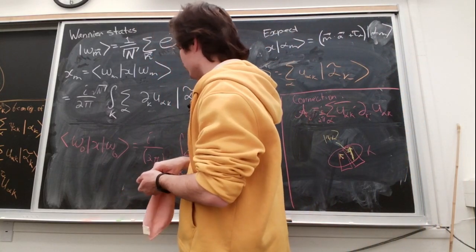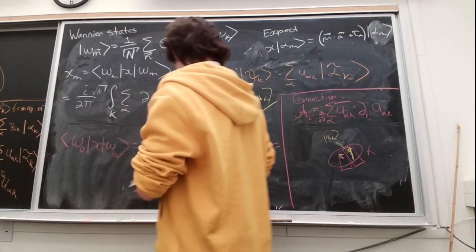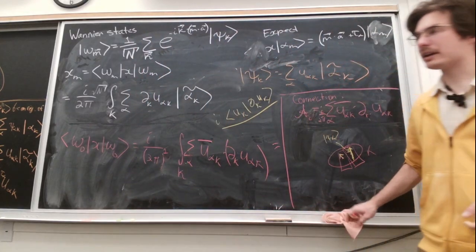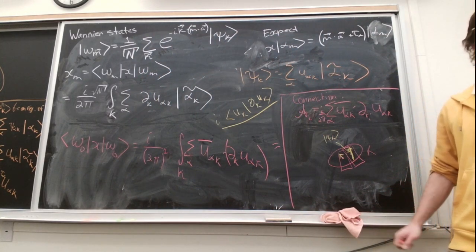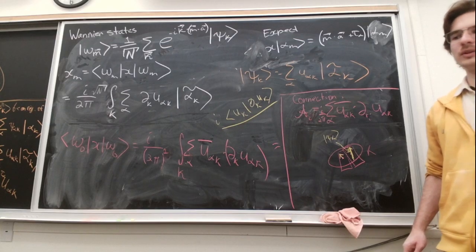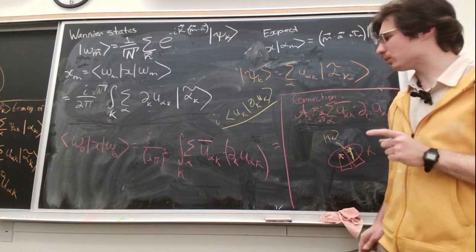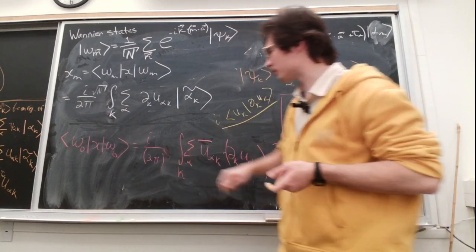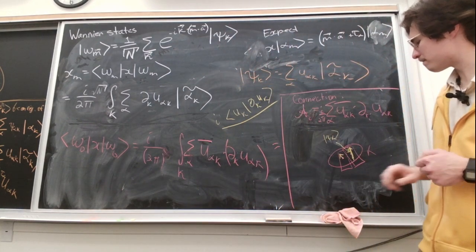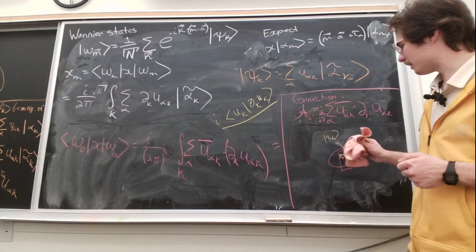I was really talking about a one-dimensional example because my connection is always going to be a one-form. So it's something I will always want to integrate along a one-dimensional path. And so I can only do this if my momentum space is one-dimensional. Sorry, I should have made that more clear.